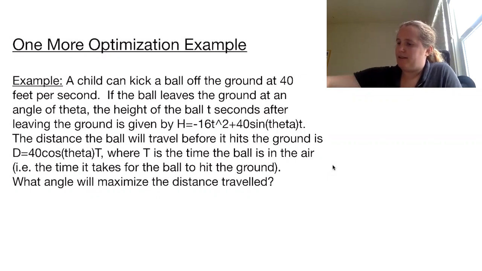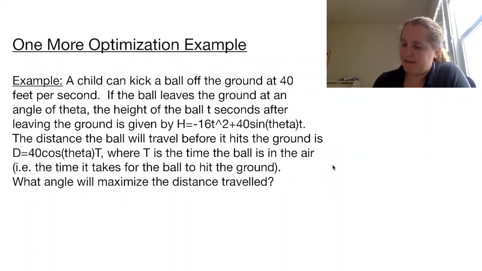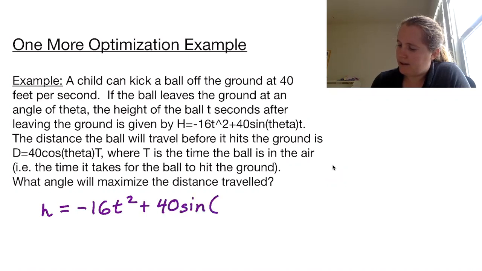So we have our height, putting it back into just theta. Height is equal to negative 16t squared plus 40 sine theta times t.